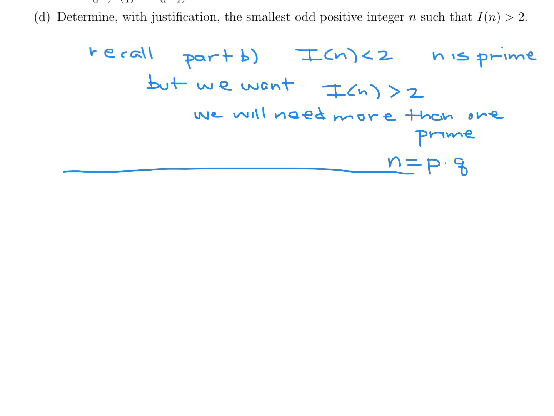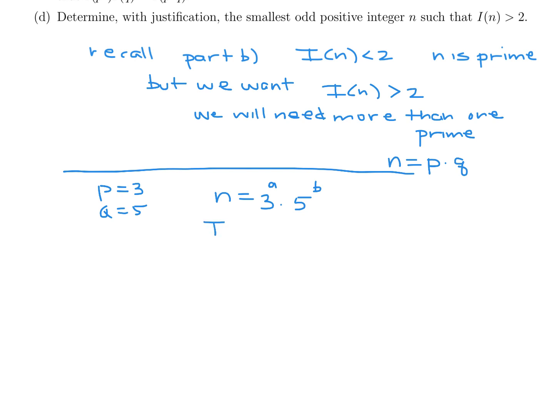Let's just do an experiment. We try p equals 3 and q equals 5. These are the 2 smallest primes, right, that are odd. And therefore, n would be equal to 3 times 5, but then of course they're going to have some exponents, a and b. I don't know what they are, but whatever they are.